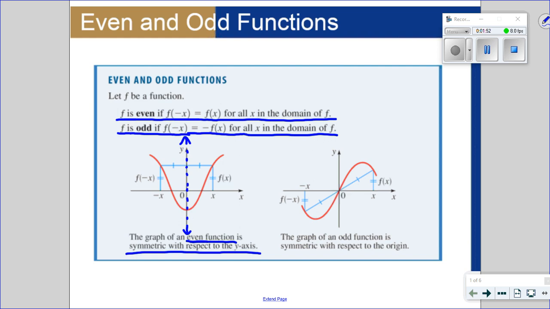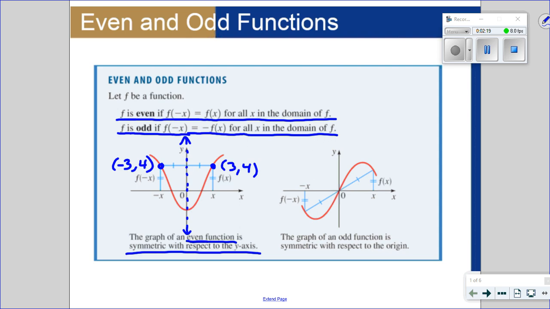And let me just explain, too, what's going to happen with your ordered pairs. Let's just say that the ordered pair of this point was, I'm just going to call it 3, 4. The coordinate of this point would be -3, 4. So notice that your x-coordinate is opposite.